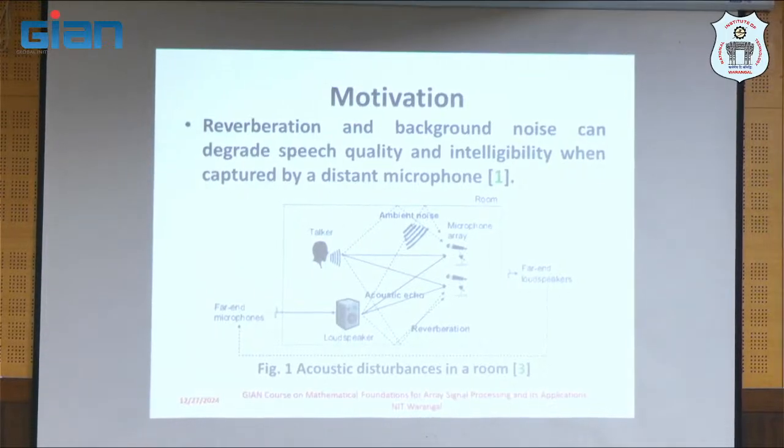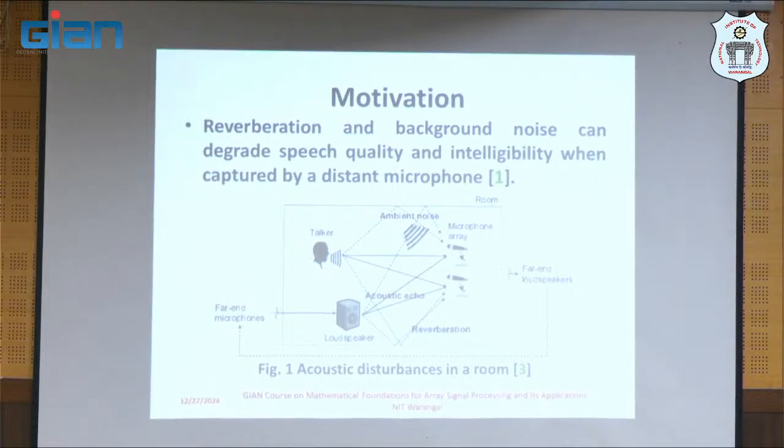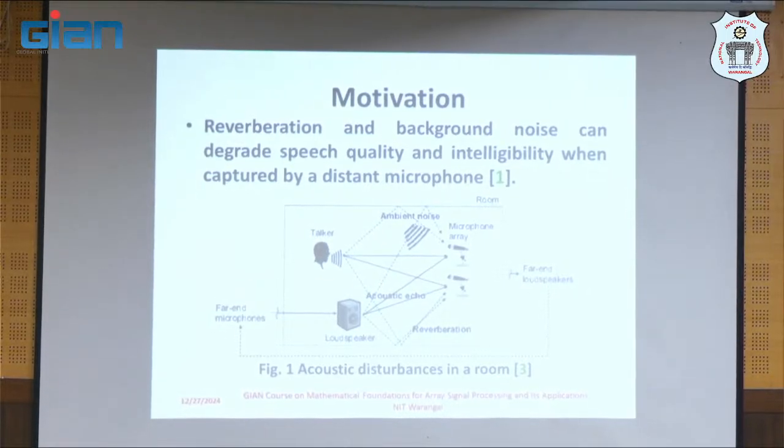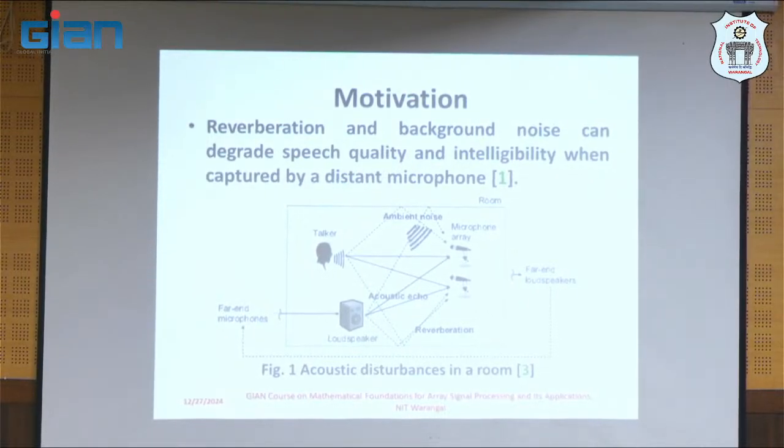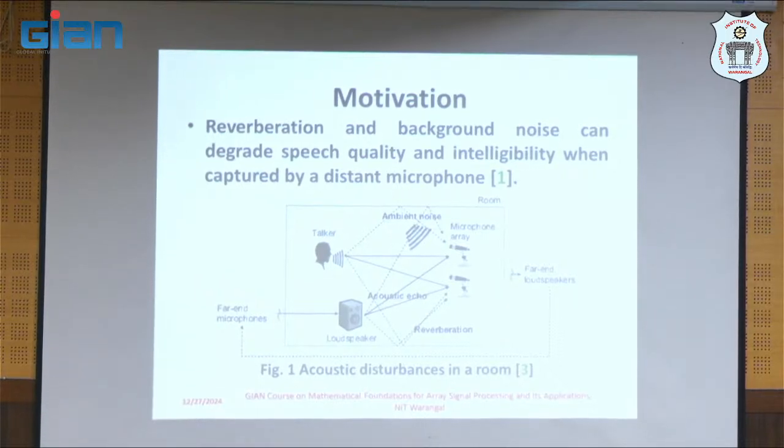So when speech is recognized or recorded, when there is reverberation, the clarity, the quality, the accuracy in the speech signal will be lost. Hence, we need to look for a method which will nullify the factor of reverberation.